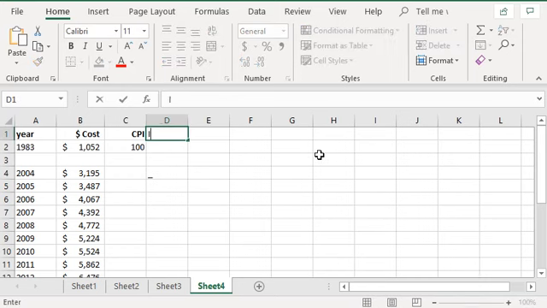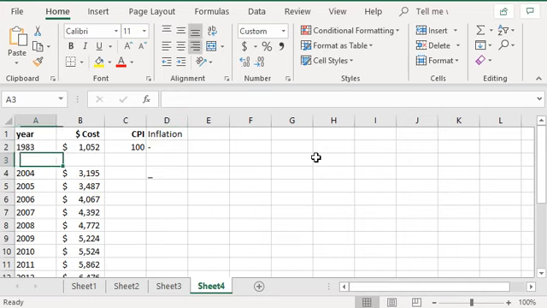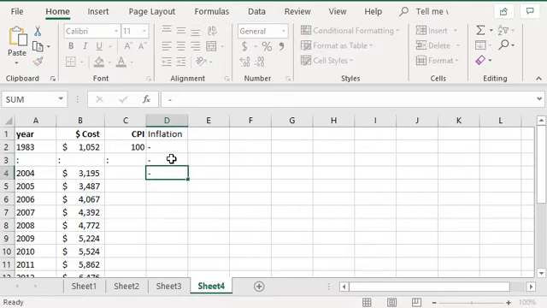So we'll call that inflation. I can't calculate that inflation rate because I don't know 1982's CPI level. We'll just put a line there since we can't calculate it.